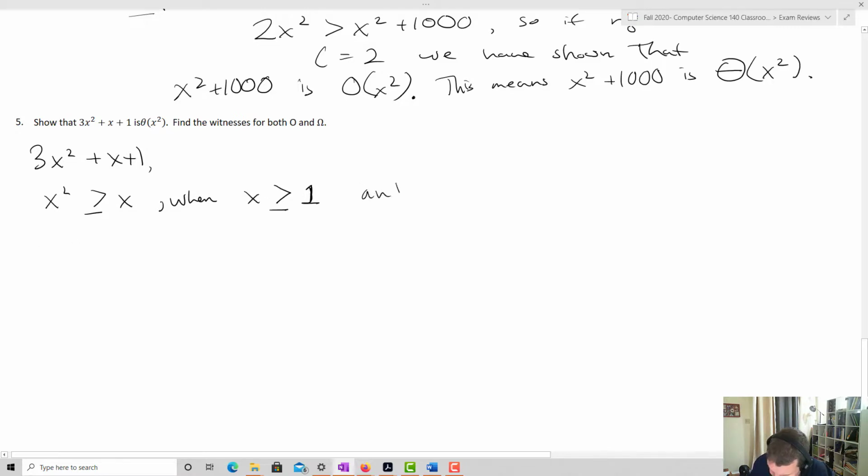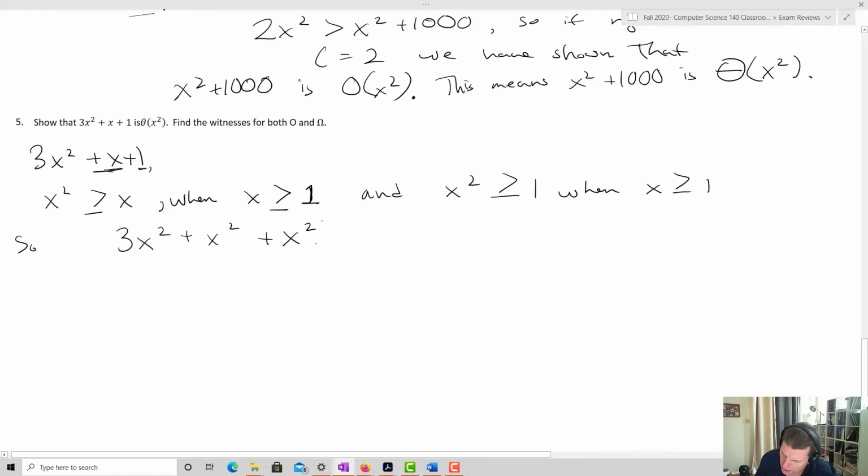And x squared is greater than or equal to 1 when x is greater than or equal to 1. So those things are both true. So all I'm doing is replacing these two values with x squared, so 3x squared plus x squared plus x squared is going to be greater than or equal to 3x squared plus x plus 1. So now it's bigger than our function.